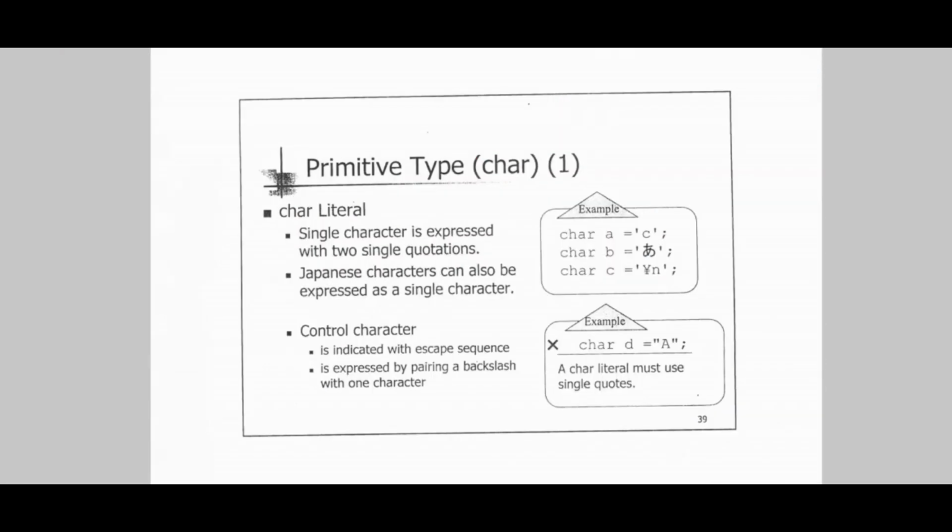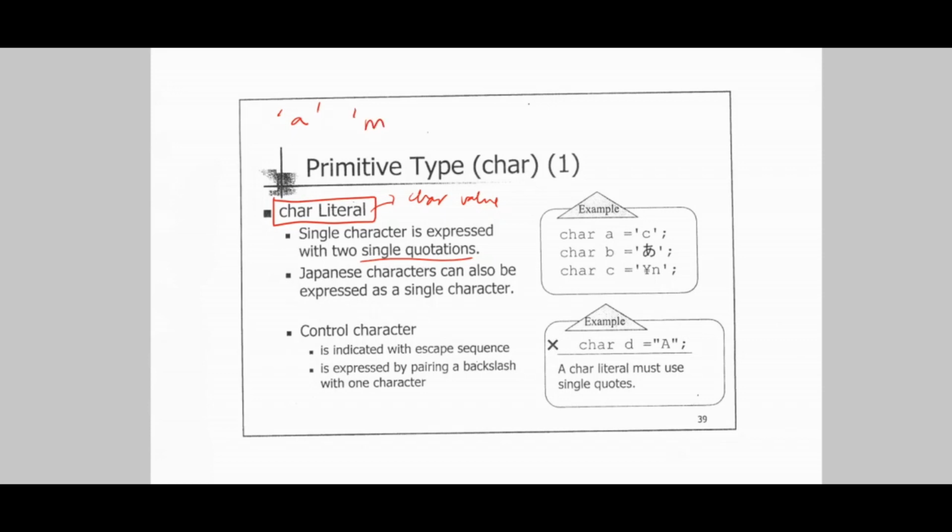For the character primitive data type, character literal refers to character value. And remember that a character literal or character value is a single character that is expressed with two single quotes. Say for example this one, this is a character literal or a character value.